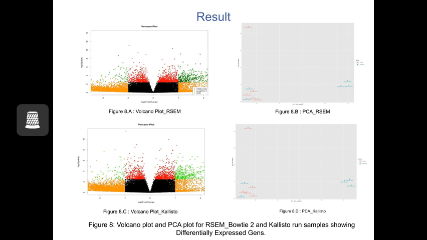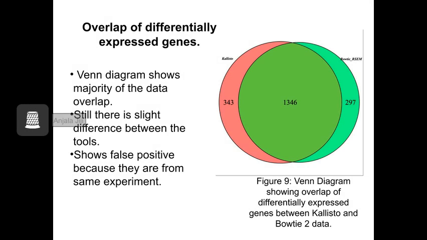So from these plots, we can see that there is not much difference between the use of Kallisto and Bowtie2. From this Venn diagram, we can see that the majority of the area has overlapped between the differentially expressed genes. There is a very slight area with no overlap, and it can be mostly because of some false positives, because they are from the same experiment.